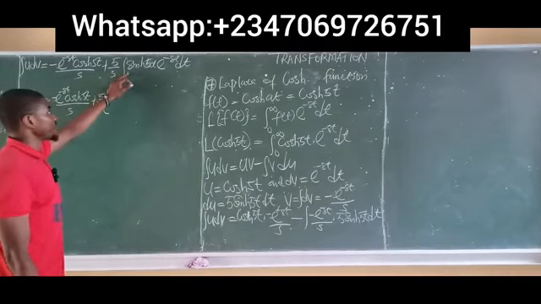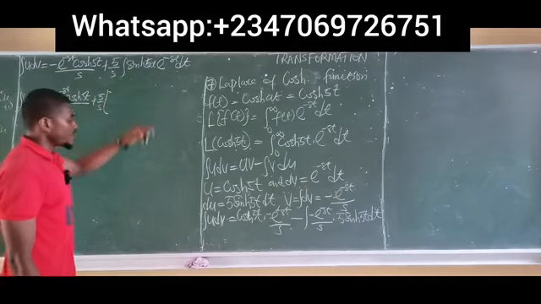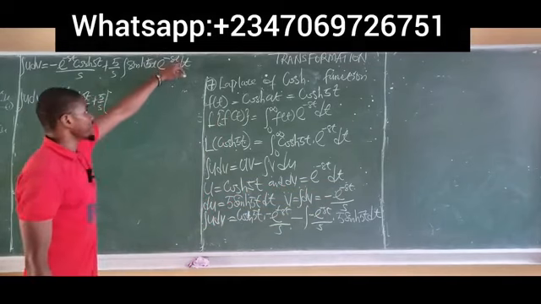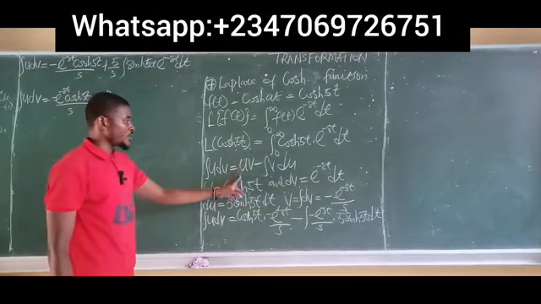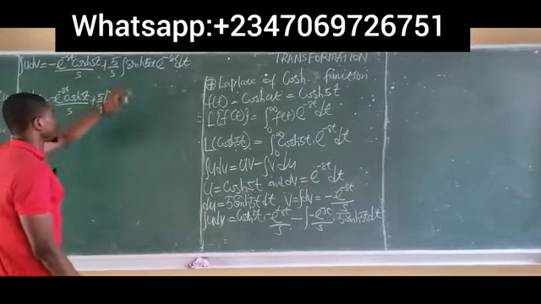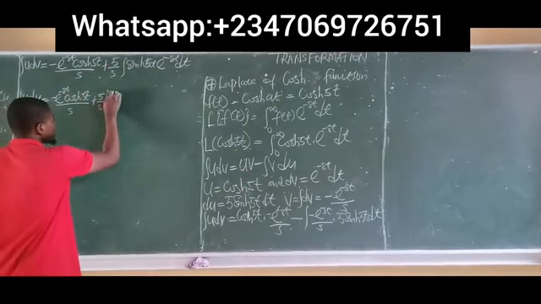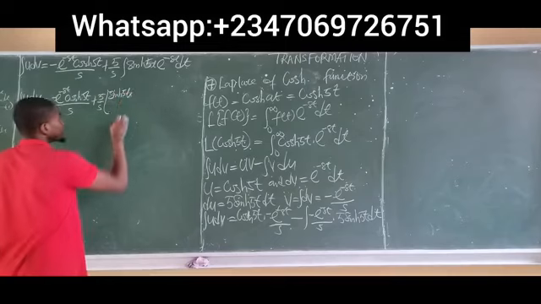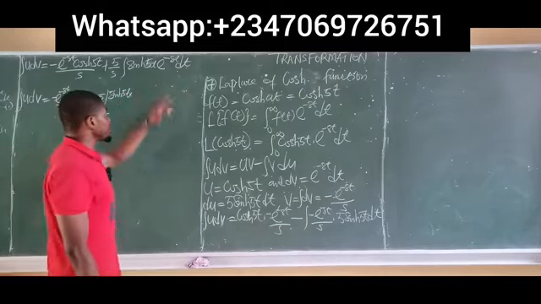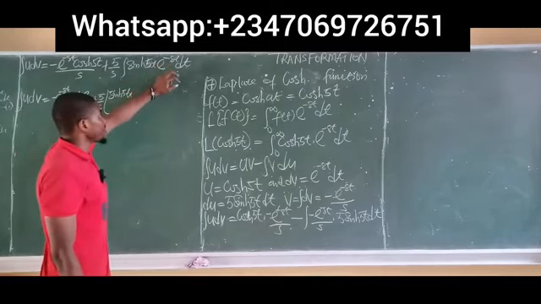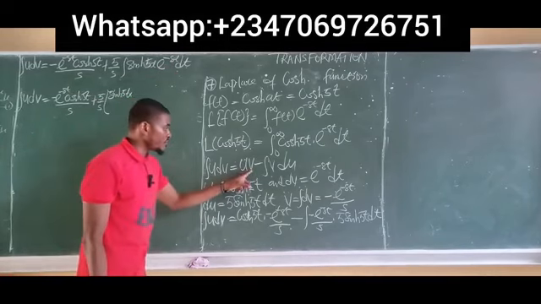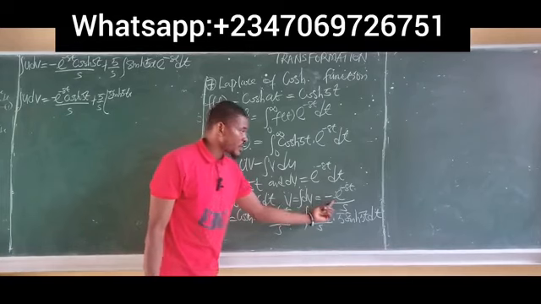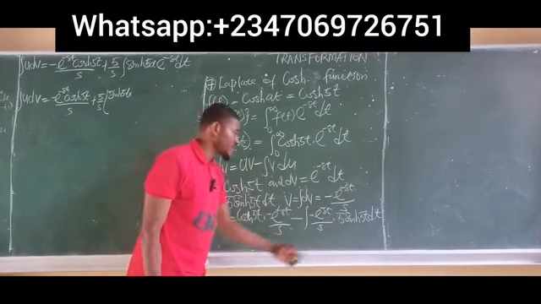In this case, u is simply sinh 5t, whereas dv always represents exponential minus st dt. So from the formula, u times v, what is u? U is sinh 5t in this case, so we have sinh 5t times dv. dv is exponential minus st dt. Okay, so it's simply uv. So we need to find v by what? Integrating dv, and we had it to go minus exponential minus st all over s.